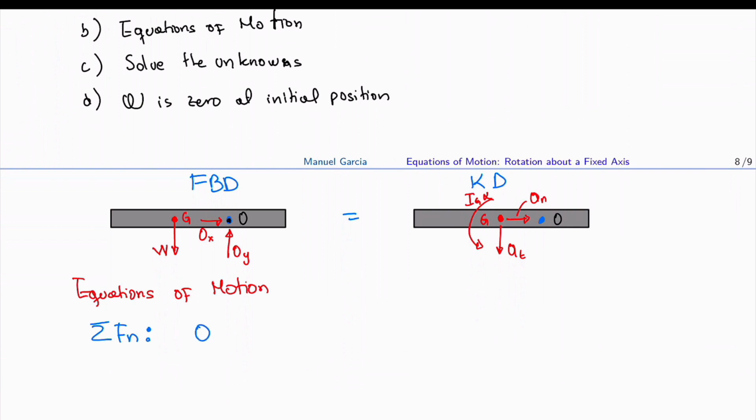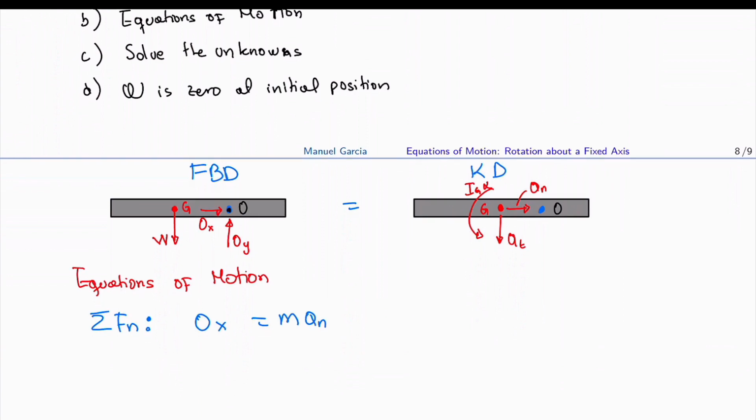So we have OX, and these are the forces, and equal to the right hand side, which is mass multiplied by AN, and AN is equal to mass multiplied by Rg omega squared.